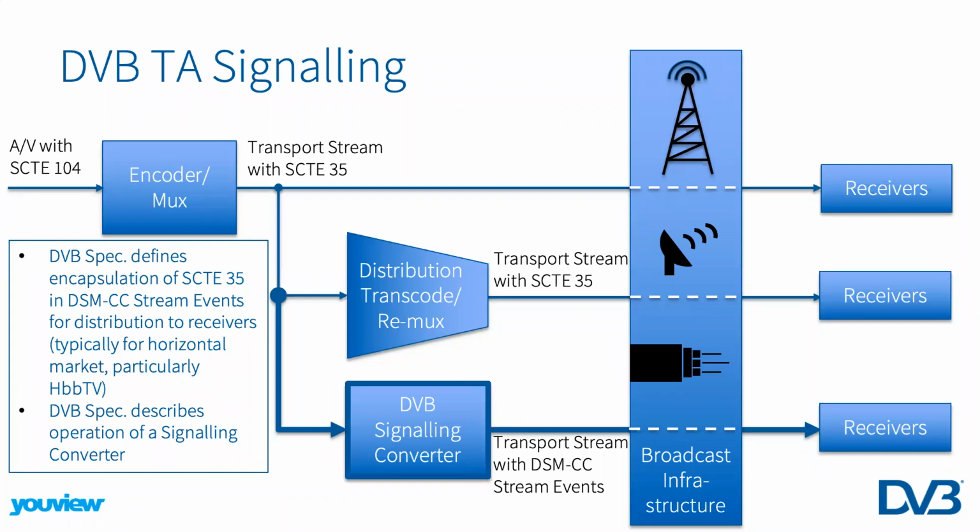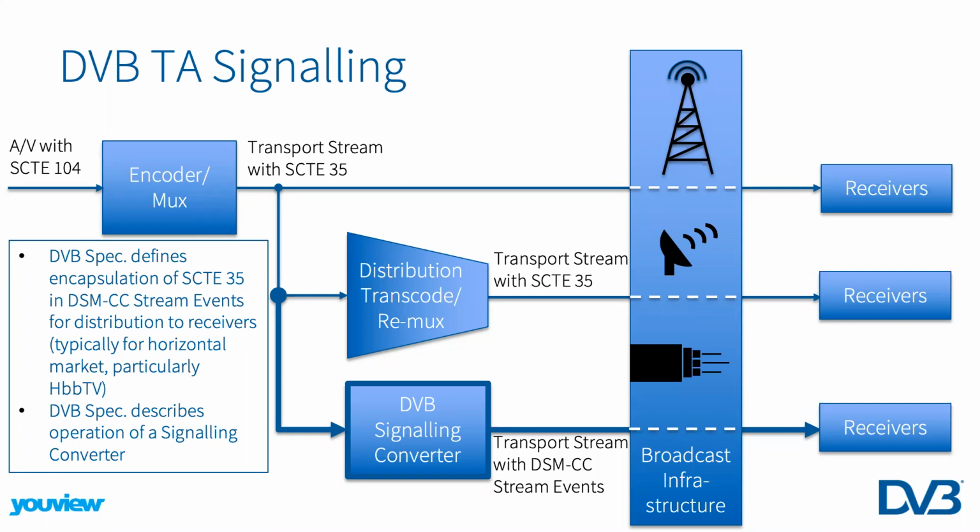So that's the bottom part of the slide, where we have a DVB-defined signaling converter. The purpose here is that we start with SCT35 messages, but we translate them into DSMCC stream events.